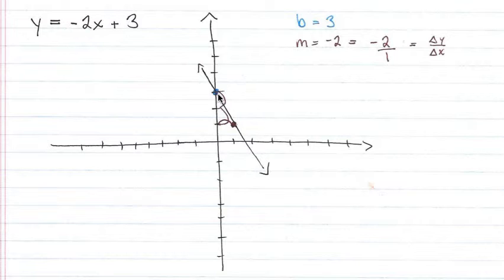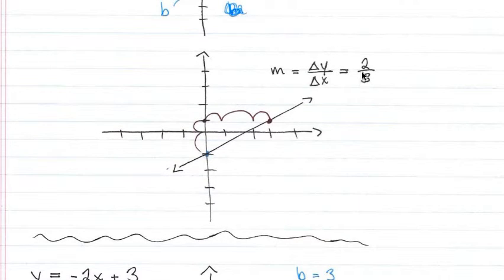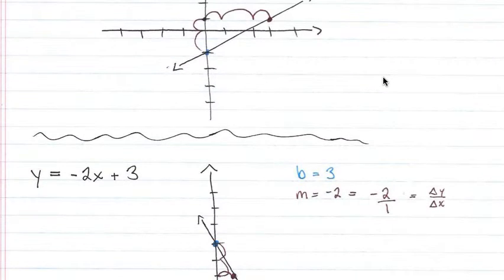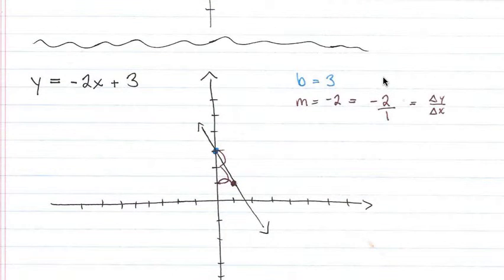And then what was our second step? Our second step was to look at the slope. The slope is this number right in front of the x, so m, which is our slope, is -2. Now, remember in the last example how we had a fraction, which was nice because we had a y and an x. Well, anytime we don't have a fraction, we just make it a fraction, because -2 is the same thing as -2/1.